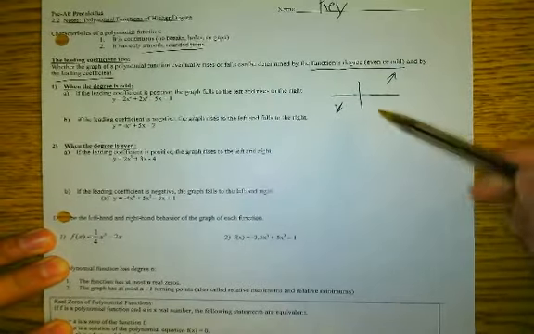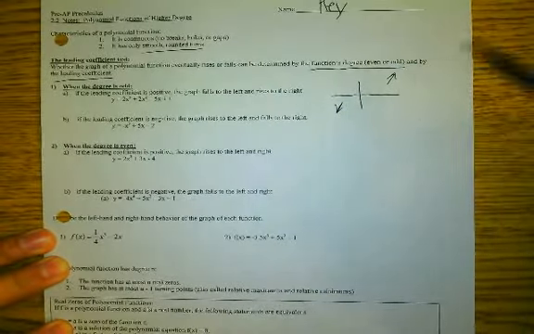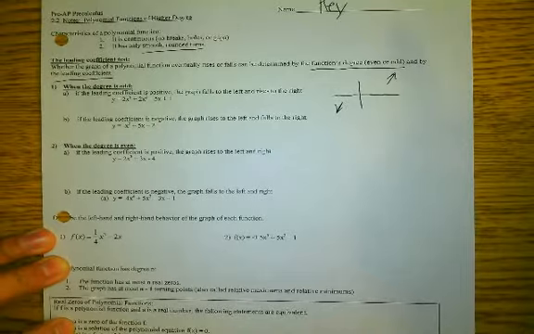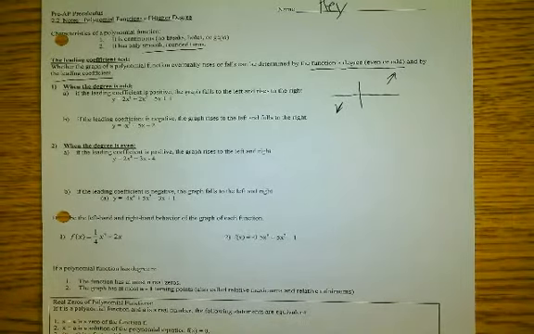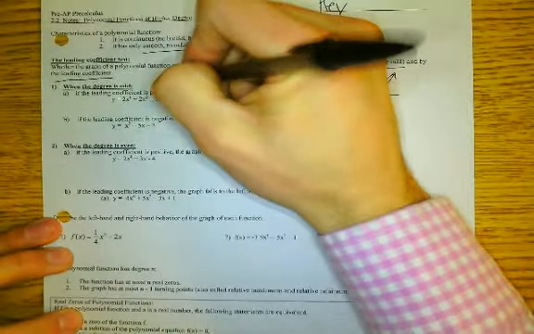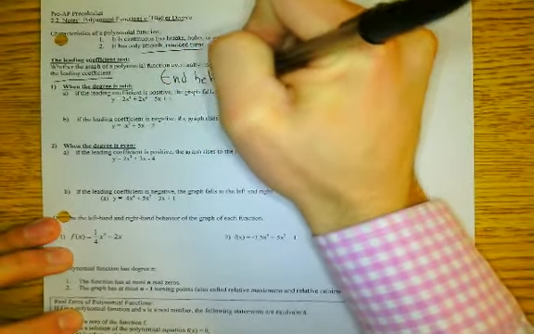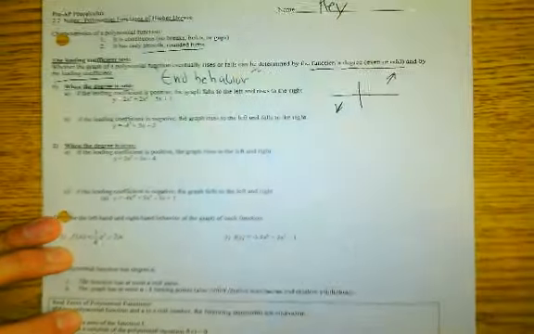What's happening in between, we'll talk about in just a second. Okay, so right now we're just talking about what's happening. Another word for this is called end behavior. If you want to put it in here, it's called end behavior. Okay, we're just talking about the end behavior.